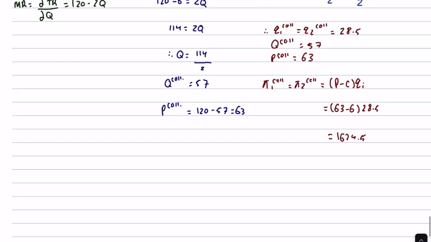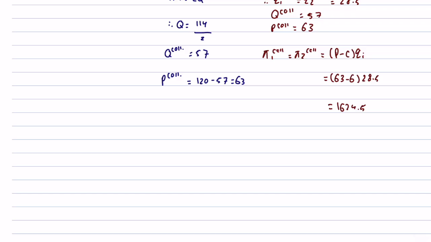So we can now conclude that profit 1 collusion, which is equal to profit 2 collusion, which is equal to 1,624.5, is greater than profit 1 Cournot, which is equal to profit 2 Cournot, which is equal to 1,444, right?